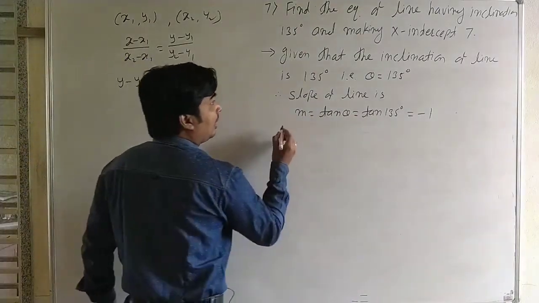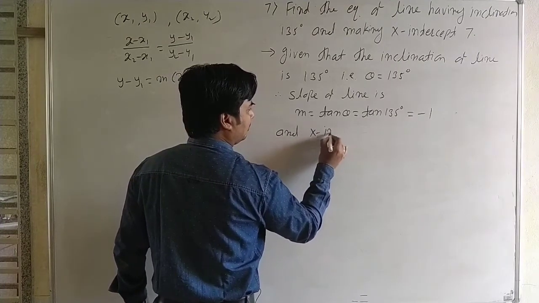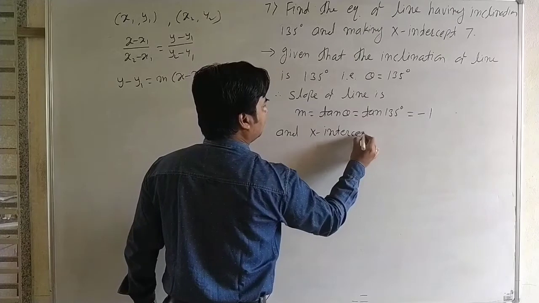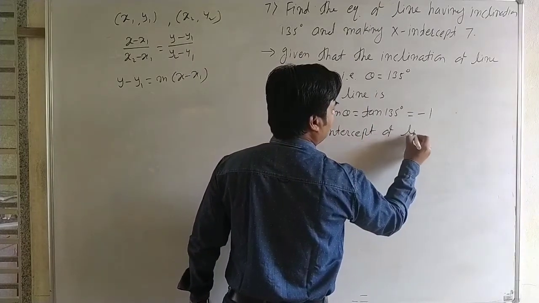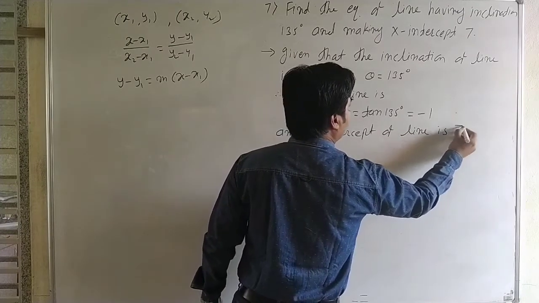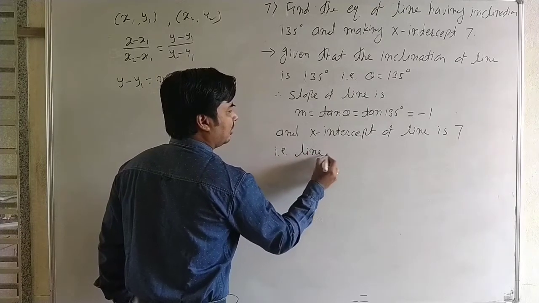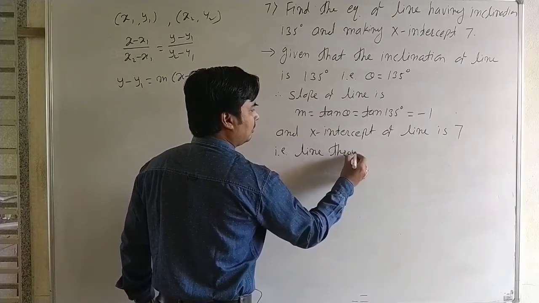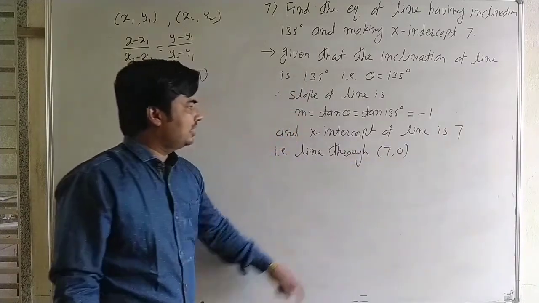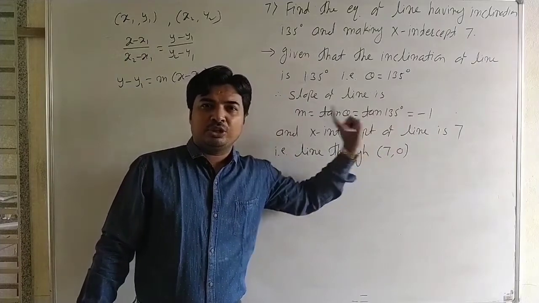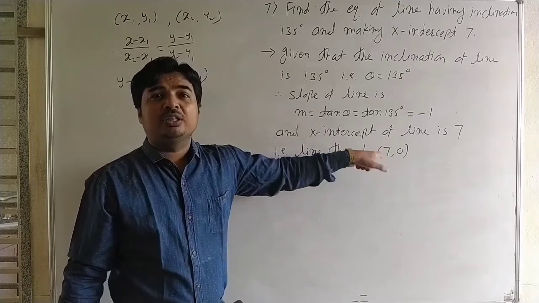Now x intercept of line is 7, that is the line passes through 7, 0. The x intercept is 7, therefore the line passes through point 7, 0. It is the slope of line, the value of m, and the line passing through point x1, y1.